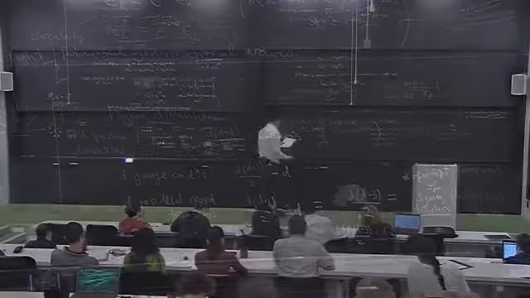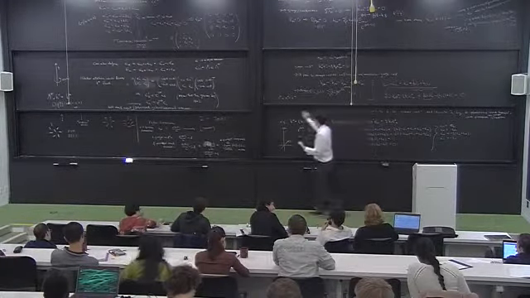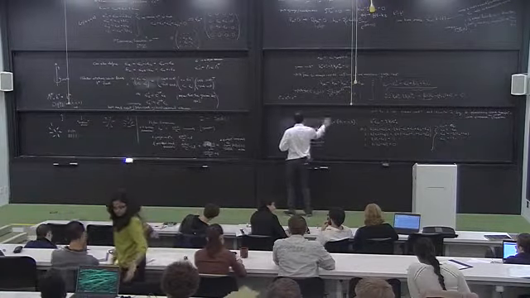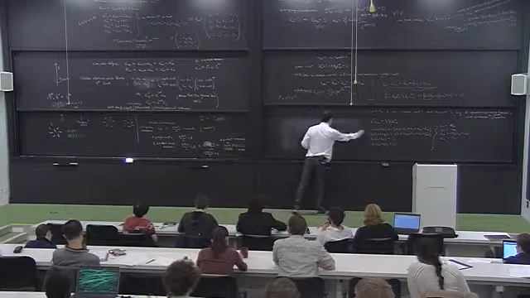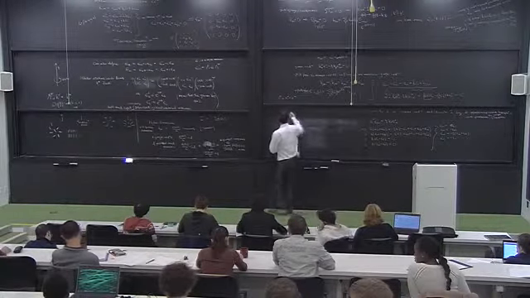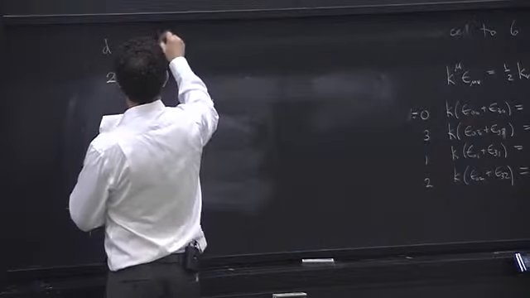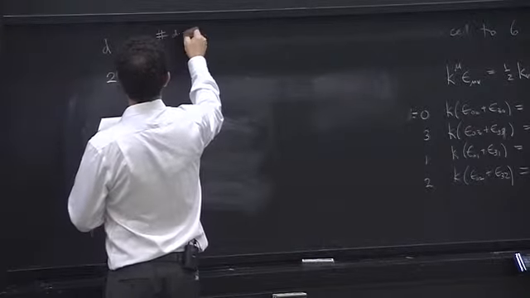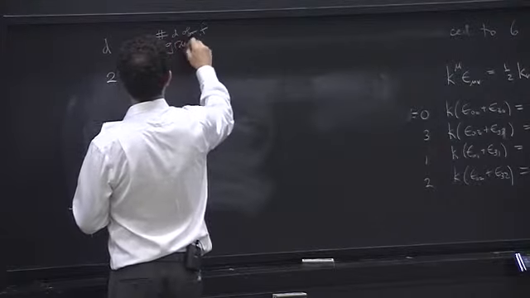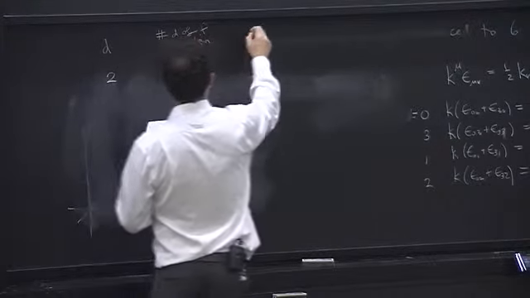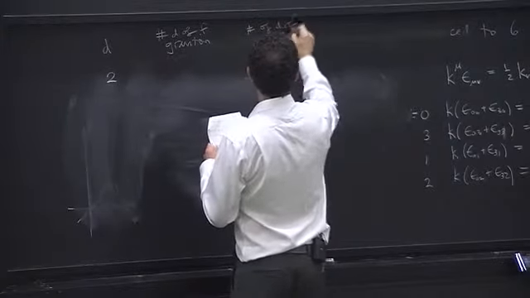And I guess it's interesting to write down some numbers. So in D equals 2, the number of degrees of freedom in a graviton and the number of degrees of freedom in a photon.